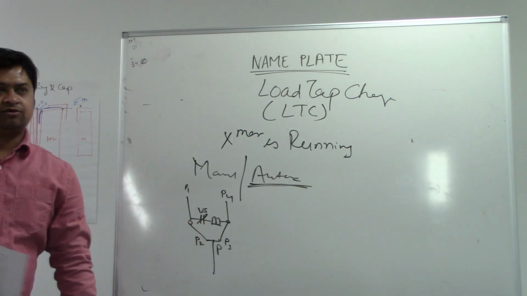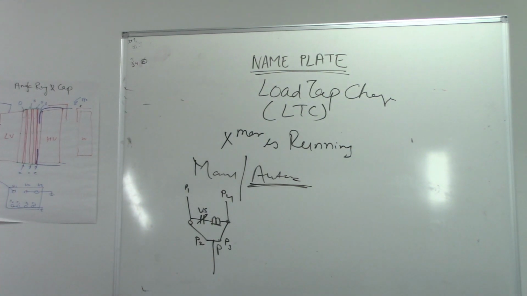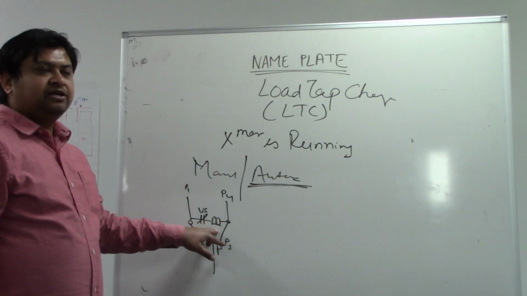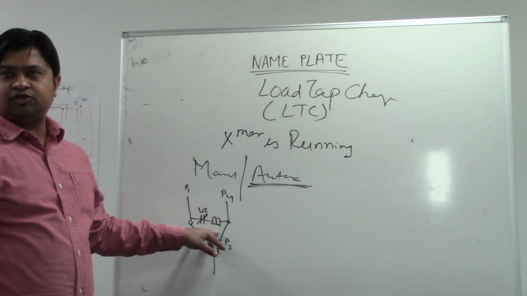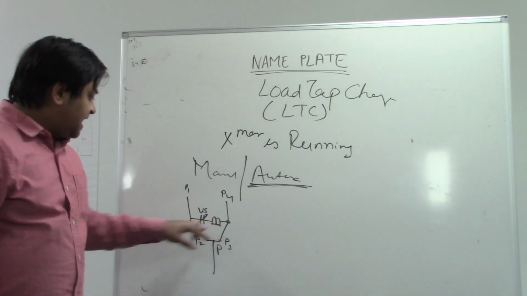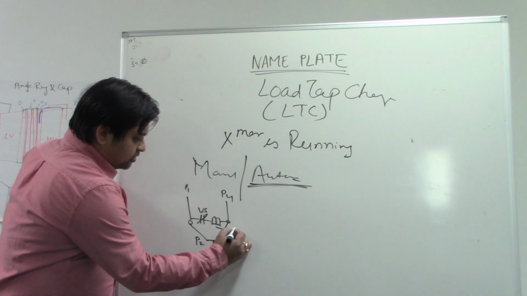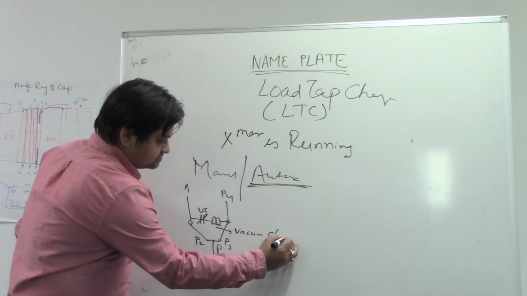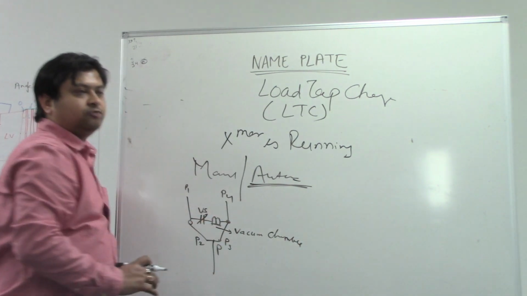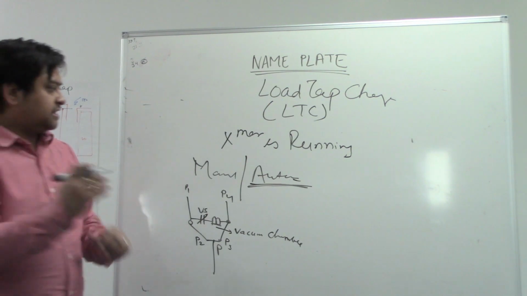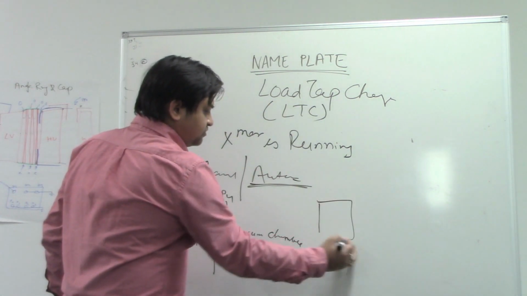Do you see this contact? Okay. Yeah. So what happens? This is the switch. There is a switch in the LTC inside, and this one is your vacuum chamber. This is your vacuum chamber. So in the LTC there is a vacuum chamber connected.